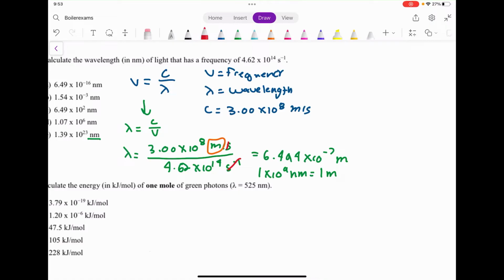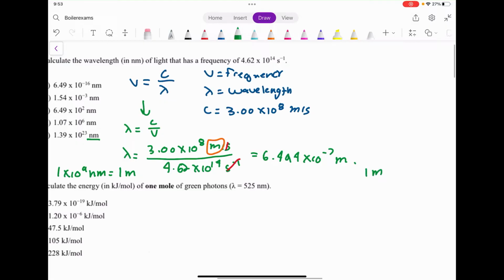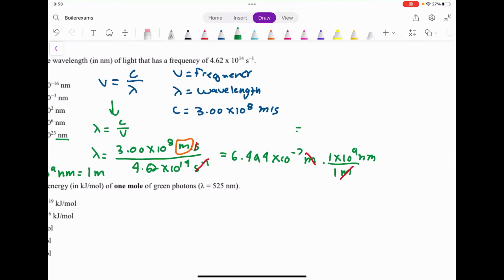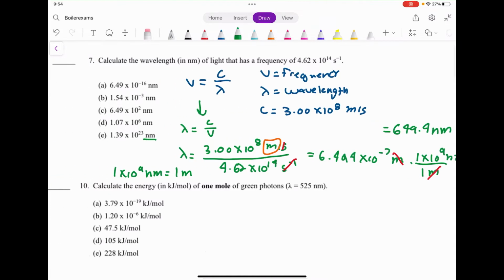So if I take 1 meter and 1 times 10 to the 9th nanometers, my meters would cancel and I would get nanometers. So I need to take the answer from previously and multiply it by 10 to the 9th. And as my final answer, I get 649.4 nanometers.